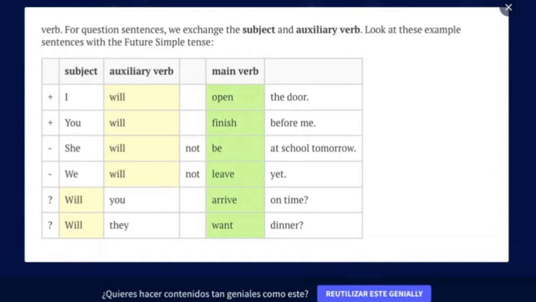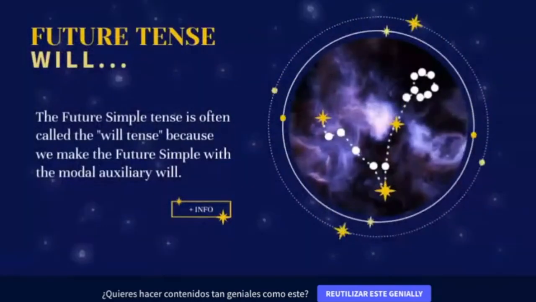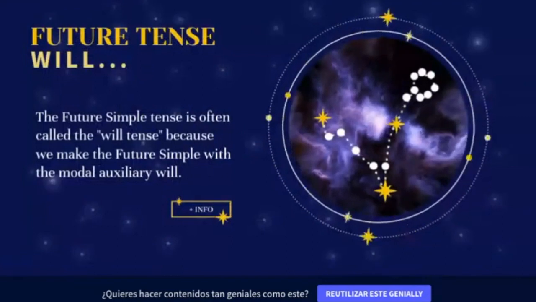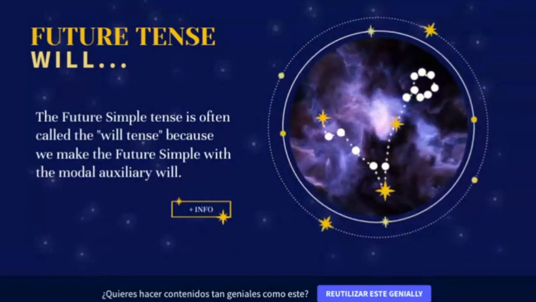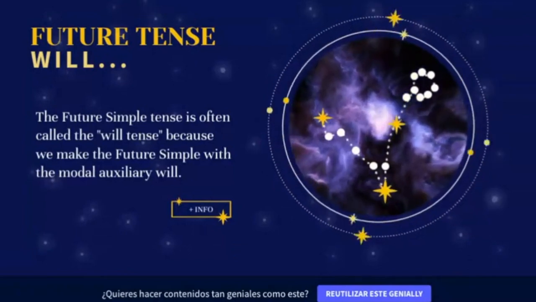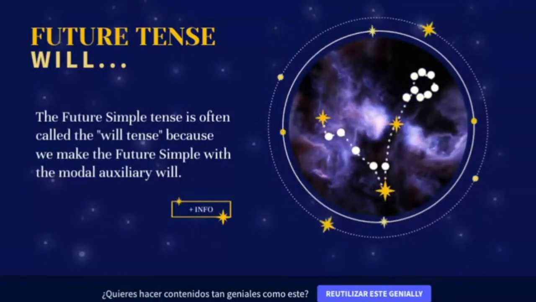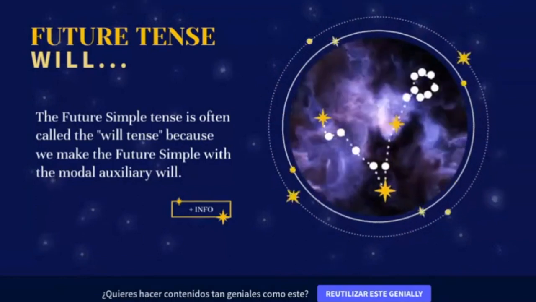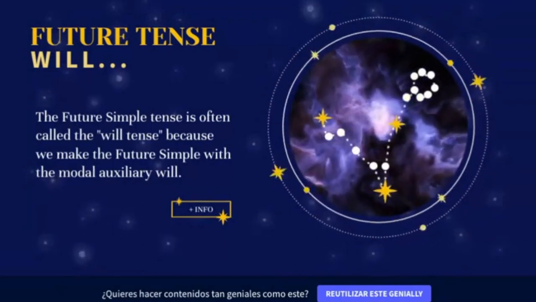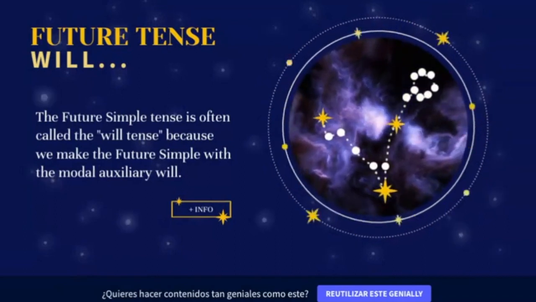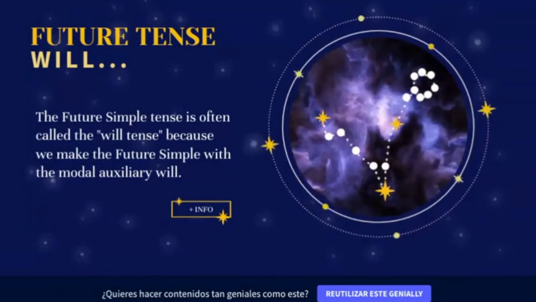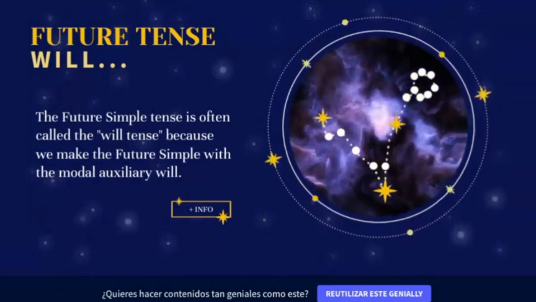¿Ok? ¿Dudas, preguntas hasta aquí, chicos, chicas? Xochitl. Maestro, y en la forma interrogativa con el will, ¿siempre va primero el will? Sí, a menos de que tengamos una WH question, ya sea what, when, how, why, who.